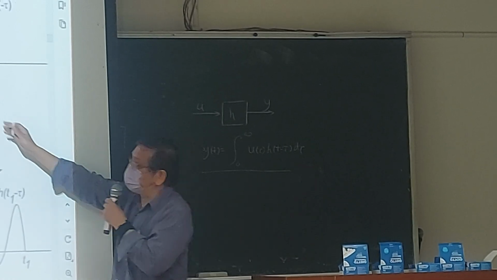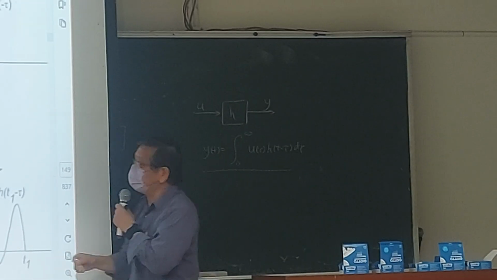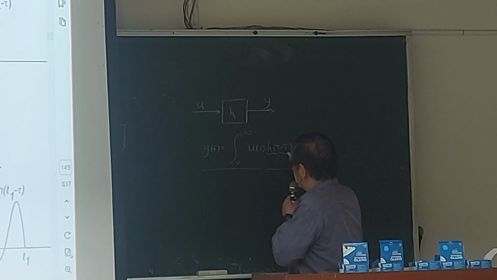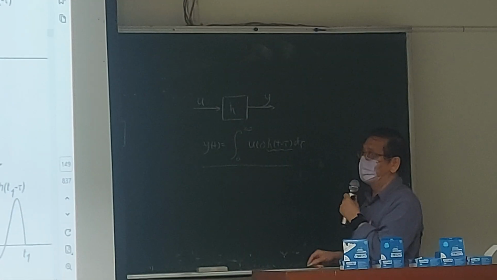This is the example that I show you here. So how do we deal with this h of t minus tau?